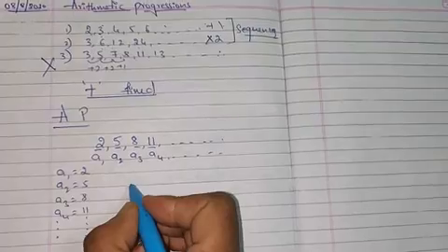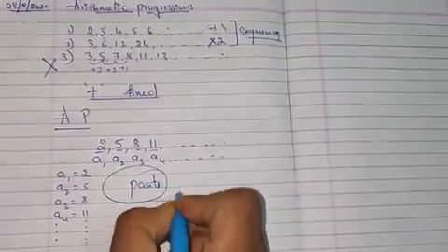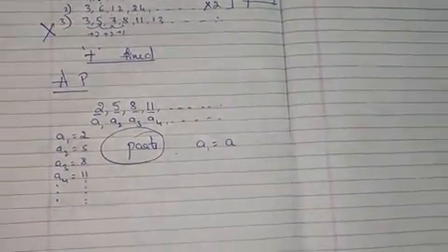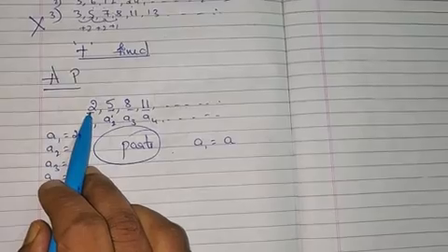So these are the different parts of an AP. The first term A1 can also be taken as A. Now what is the fixed number we have added to get 5 from 2?